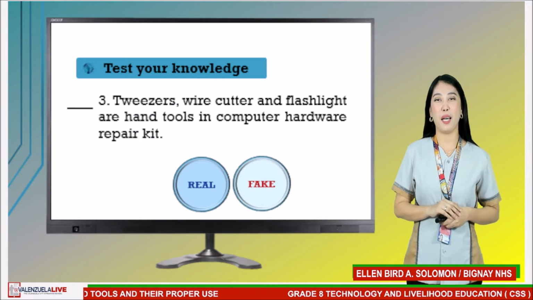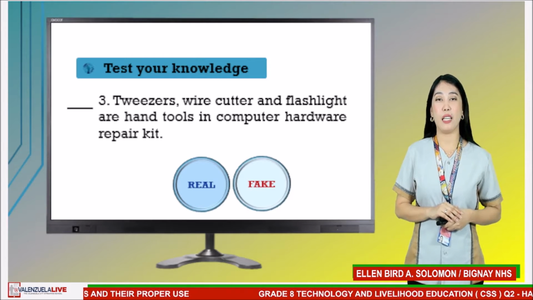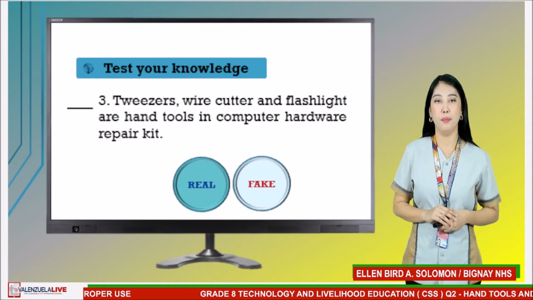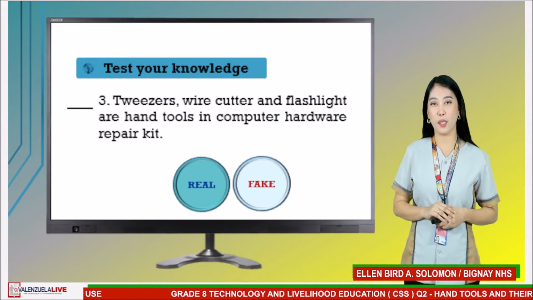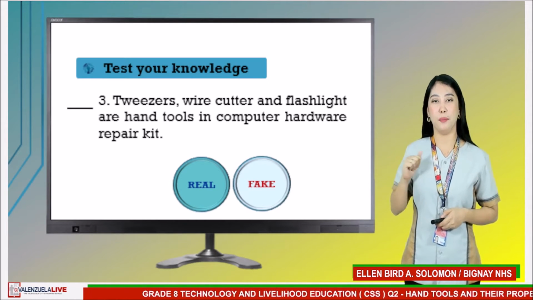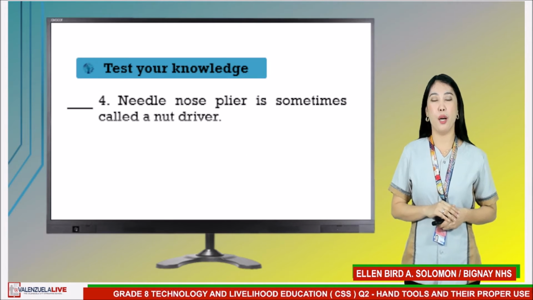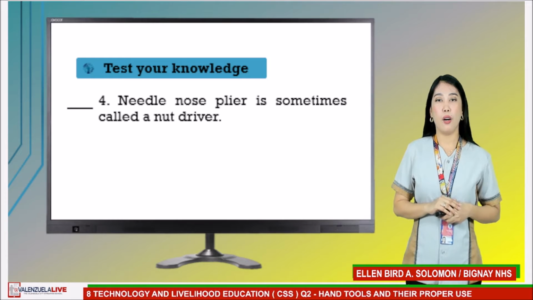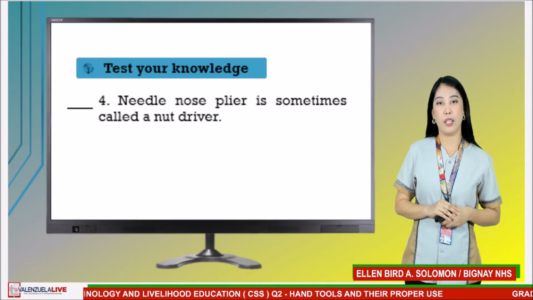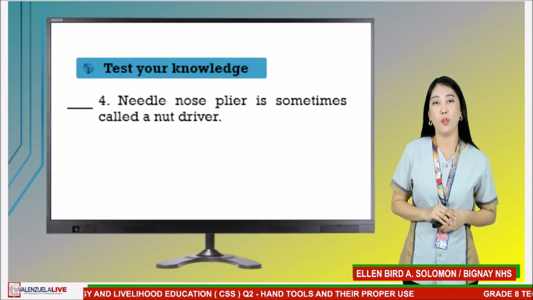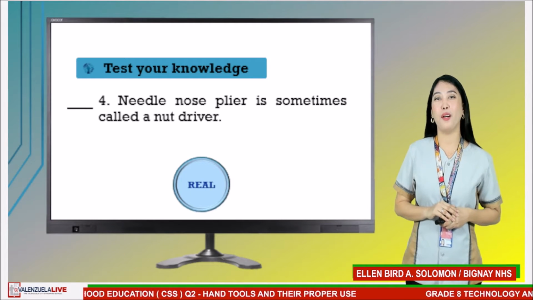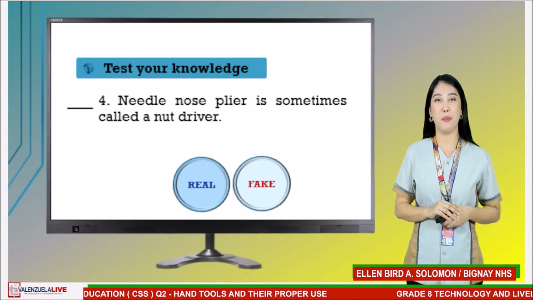Okay, time is up. So for number 3, if you answered real, you are also correct. Good job. Let's have number 4. A needle nose plier is sometimes called a nut driver. Real or fake? Your timer starts now.